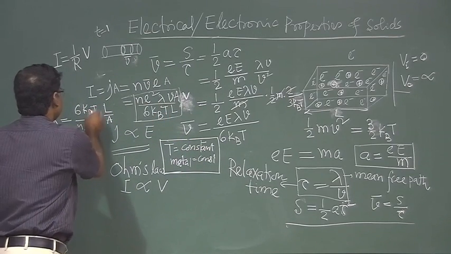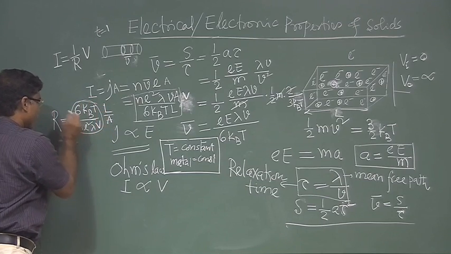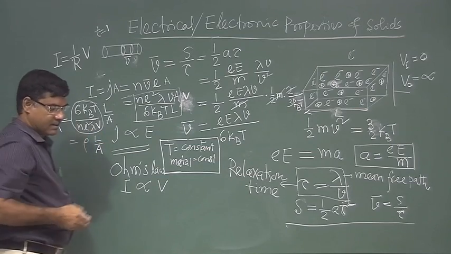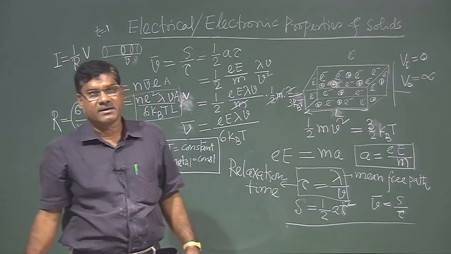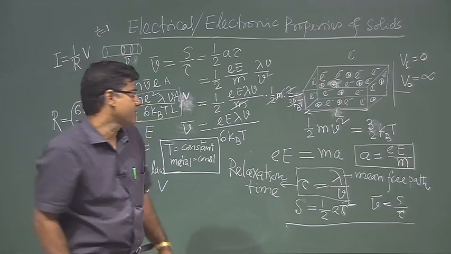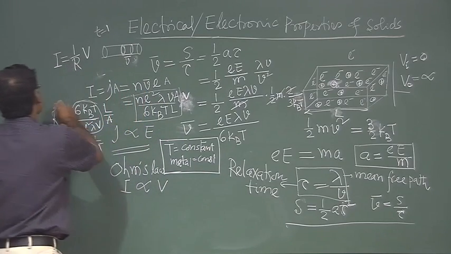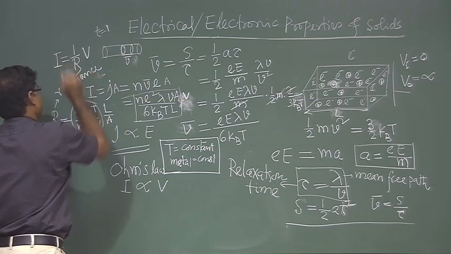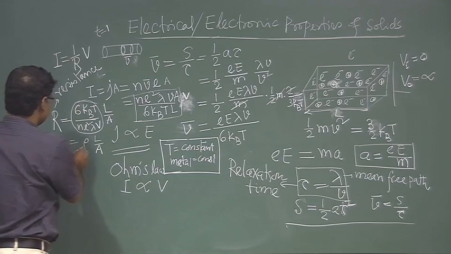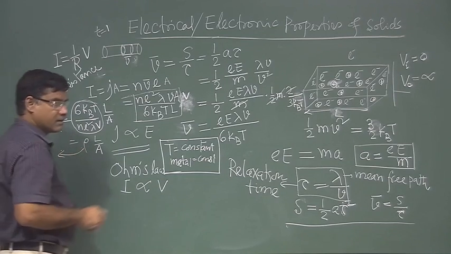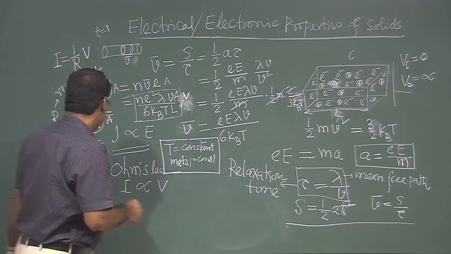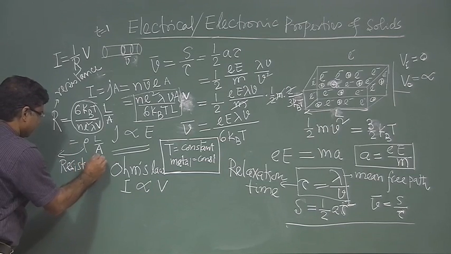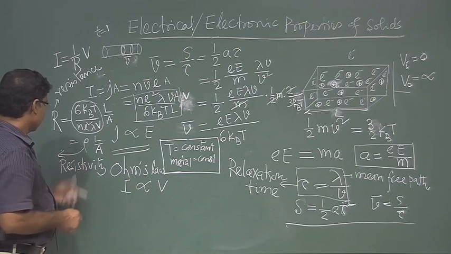and if I take this as rho L by A, this rho is called the resistivity. So, R is resistance and rho is resistivity, right.